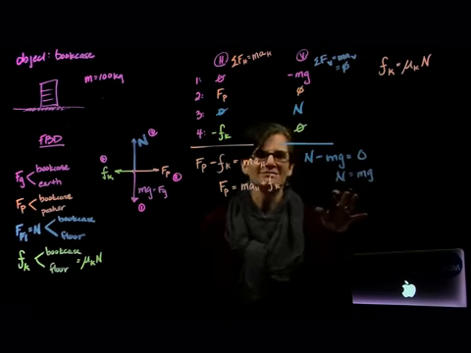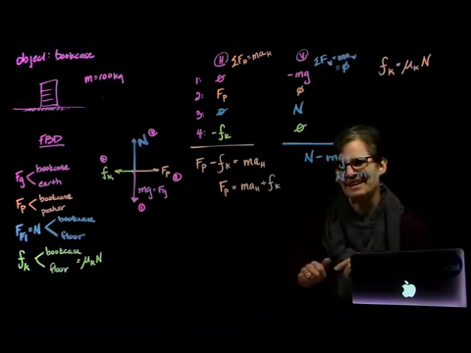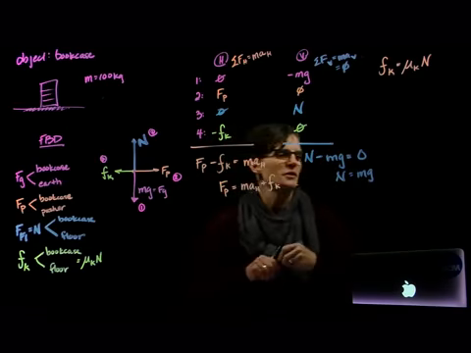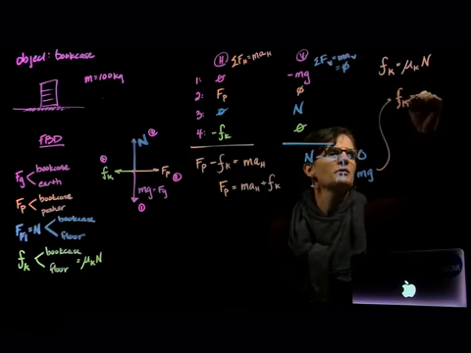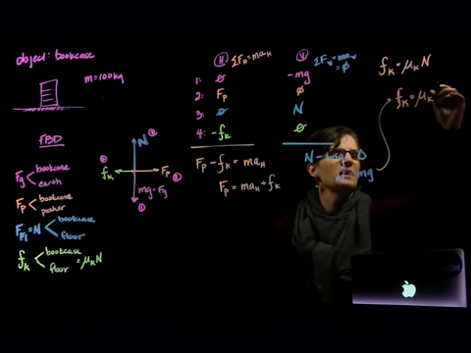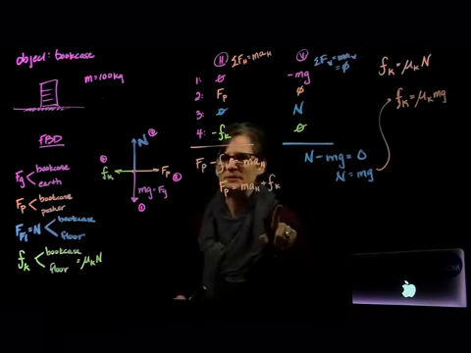Now I could solve for mg and get a number, but let's just work with how that's related to our frictional force. If I take this and plug it up here, then I know that my kinetic frictional force is equal to mu sub k times mg. And I can use that down here.